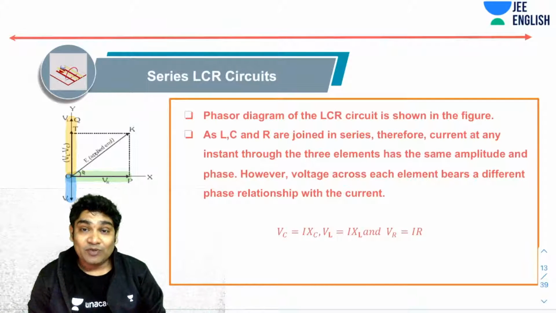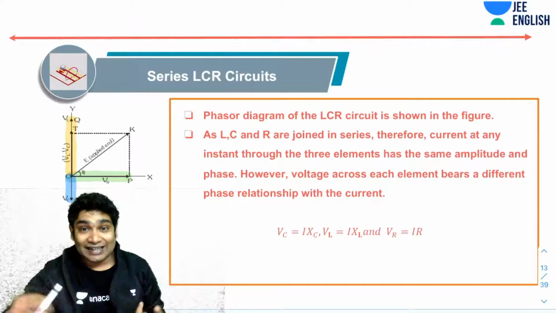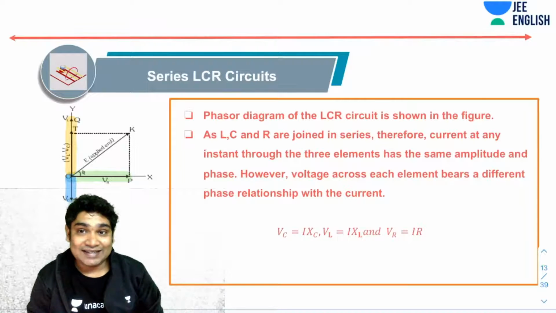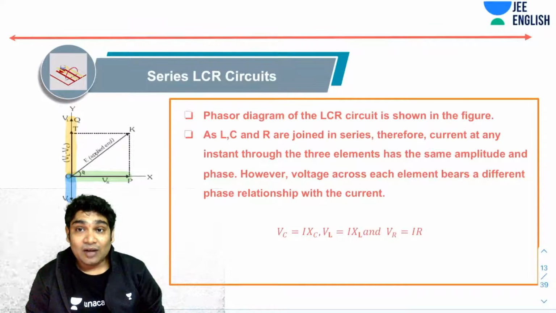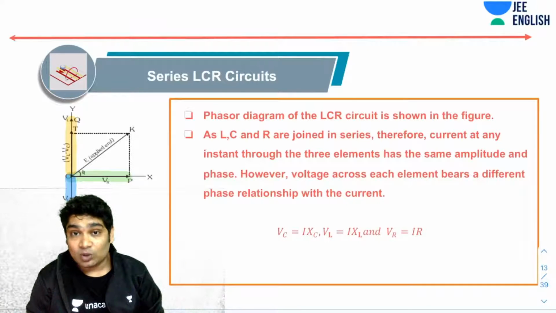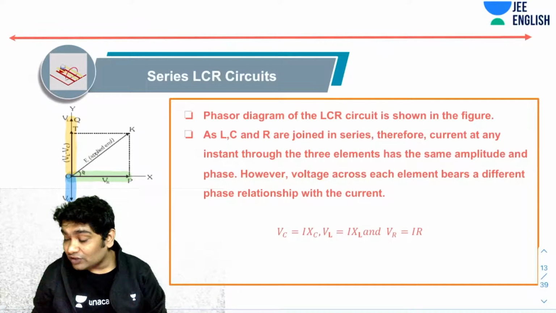It would have the same magnitude and the same phase, because it's the identical current flowing through all the circuit elements at one instant. However, the voltages would be in different phases, which we can relate with the current, as shown.